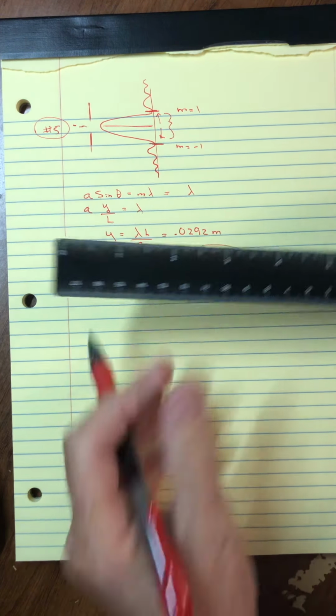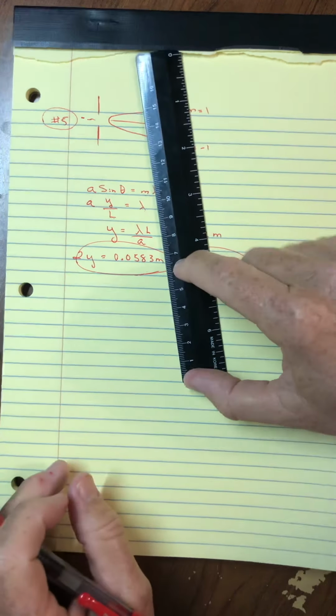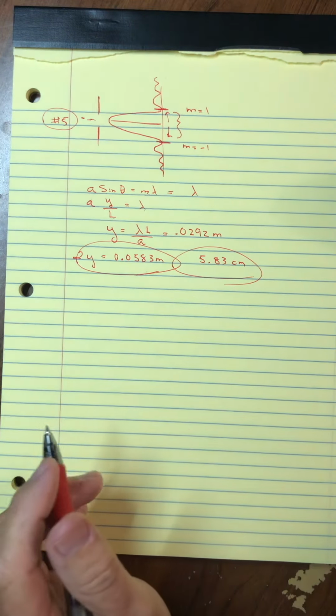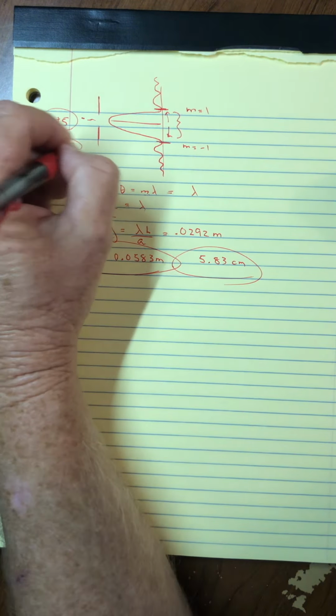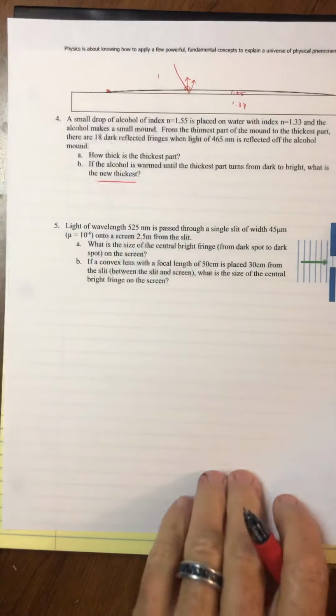So roughly 6 centimeters, so about that wide on the screen. Okay. All right, so there's A. That wasn't too bad.